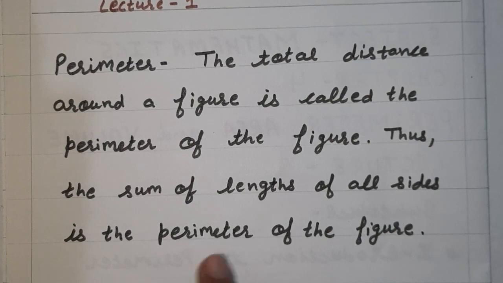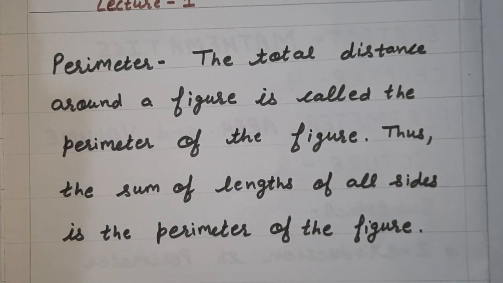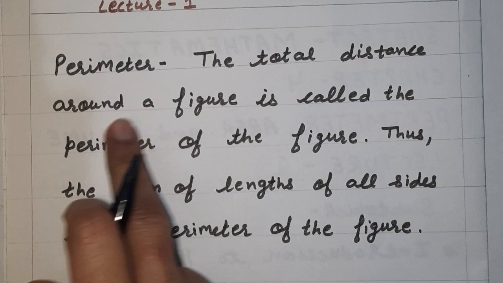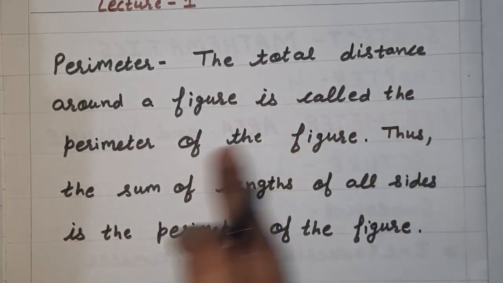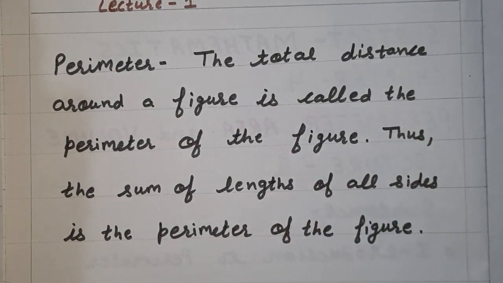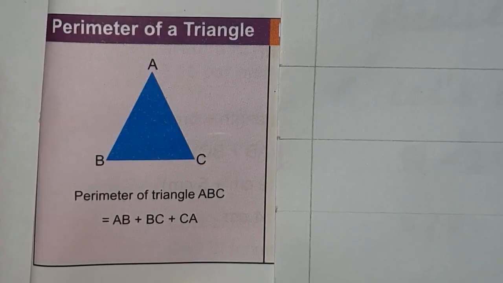Understood? When we will do sum of lengths of all the sides of the given figure, that is known as perimeter of the figure. And in mathematical form, it is defined as the total distance around a figure is called the perimeter of the figure. Got it? Now look here.